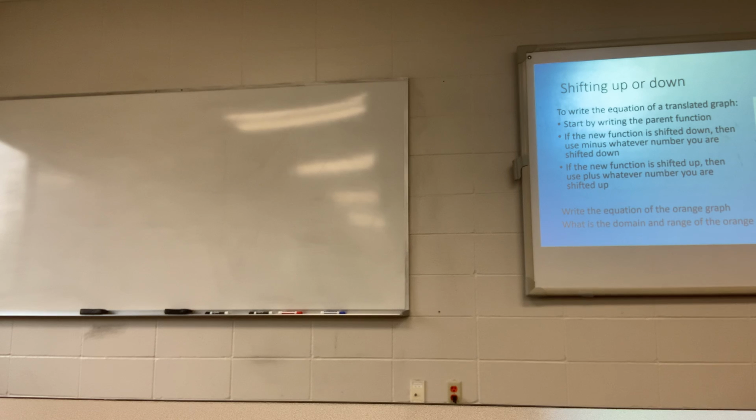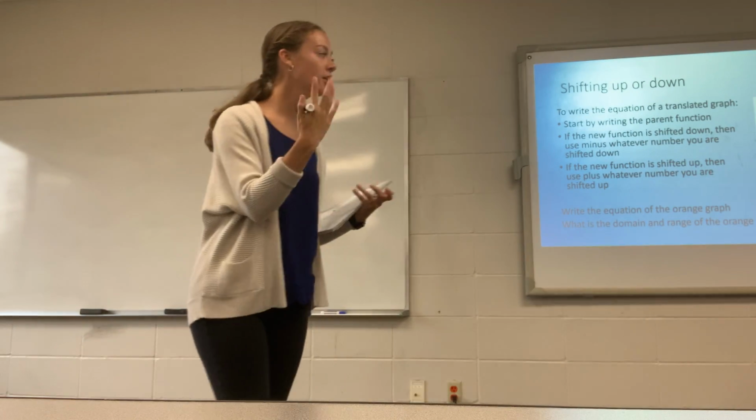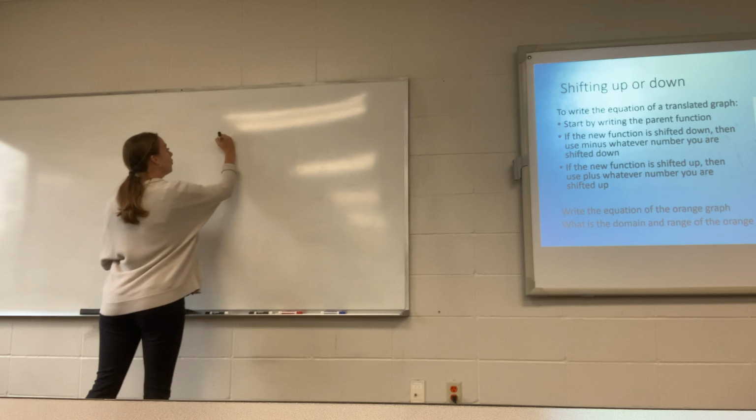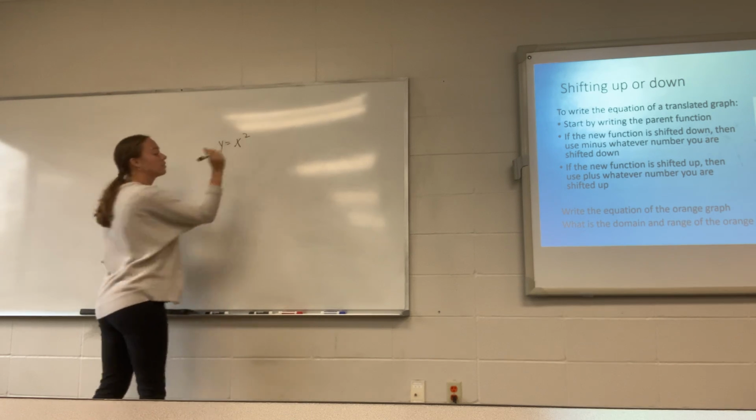Anyone have any ideas? What about y equals x squared? Does that sound familiar? Yep, the blue graph is just a quadratic, it's just y equals x squared. So our parent function that we're starting with, the blue graph, is y equals x squared.